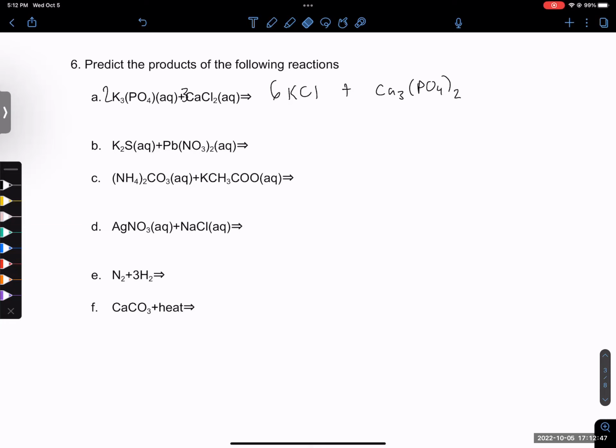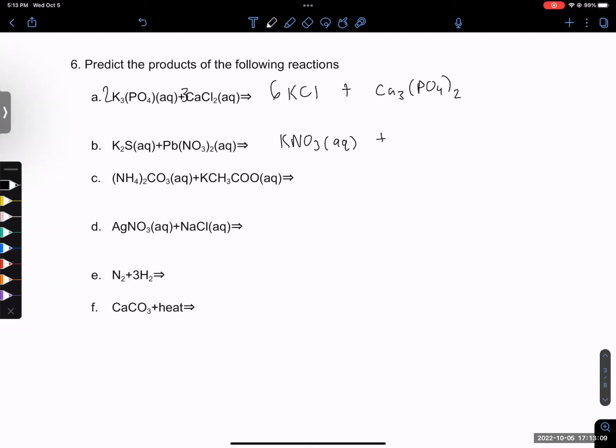Same thing, right? You see two ionic compounds, and it's going to be a double displacement reaction. So what's the first product? KNO3. Is that soluble or insoluble? And how do we know it's soluble? Perfect.